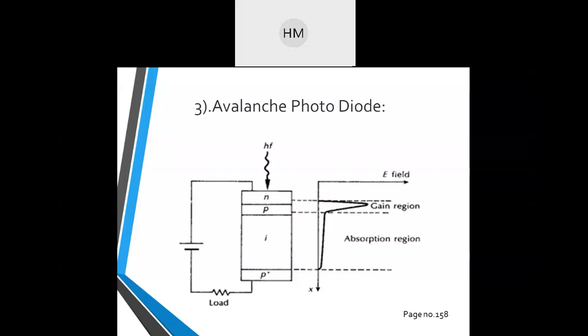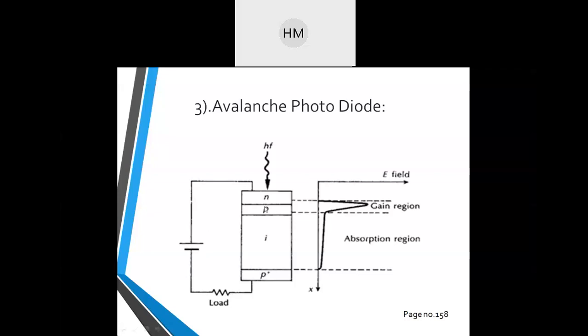Okay, now we will discuss the working of this device. Okay, when a low reverse bias voltage is applied, most of the potential drop is across the PN plus junction. As soon as I apply this reverse bias voltage, but a very low amount, तो क्या होगा?